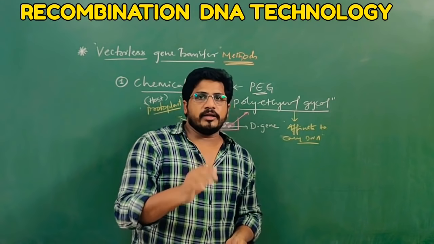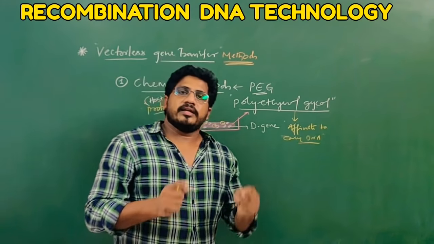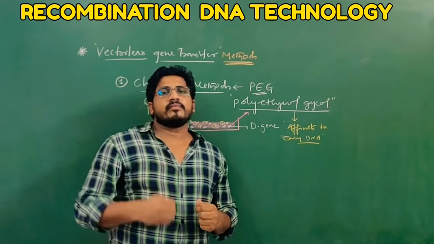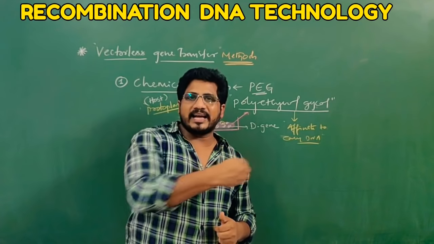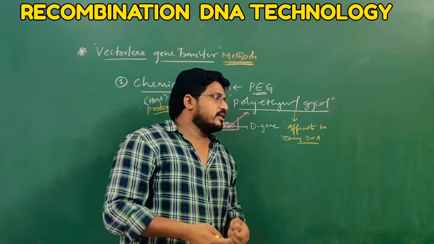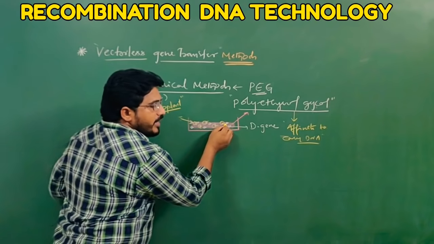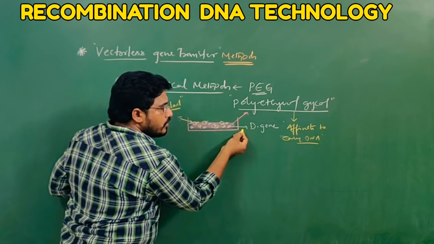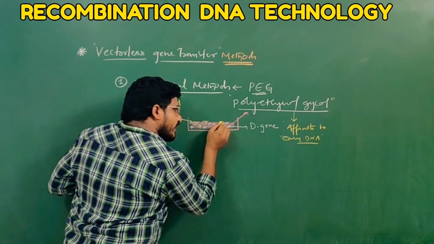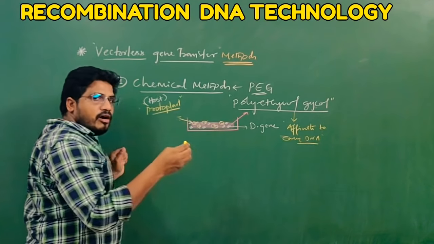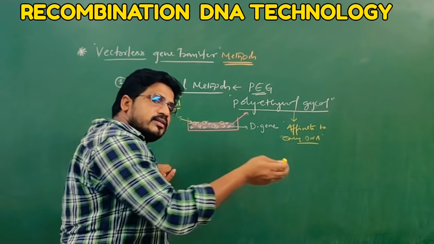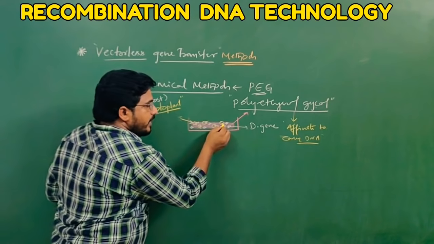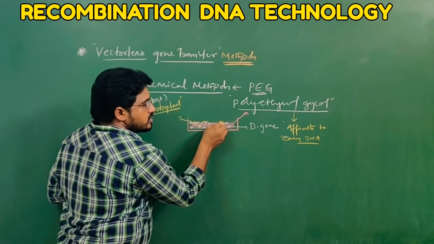Sorry, bikes are not allowed, cycle. In the cycle, your friend also comes along with you, meaning you have given a lift. Here PEG gave a lift to DNA, so that DNA entered the host cell.